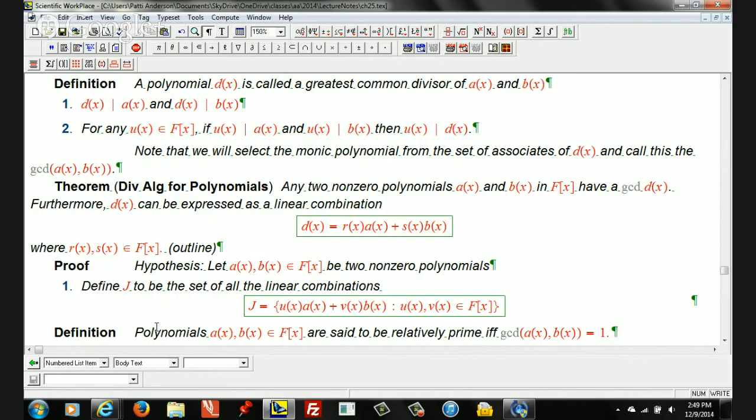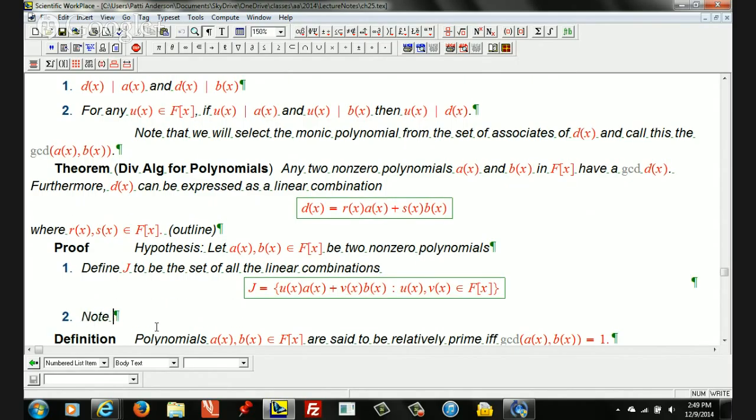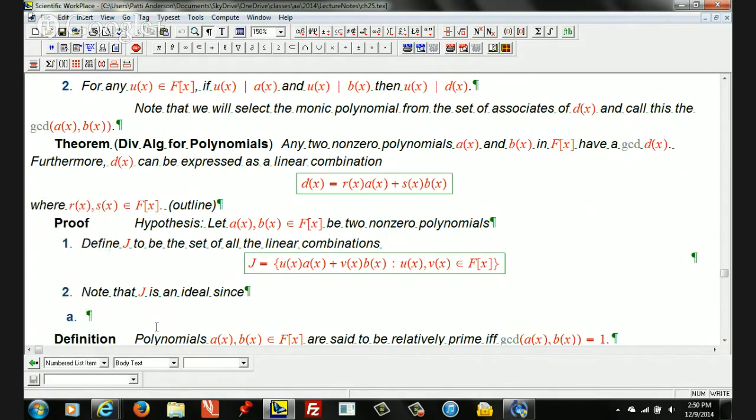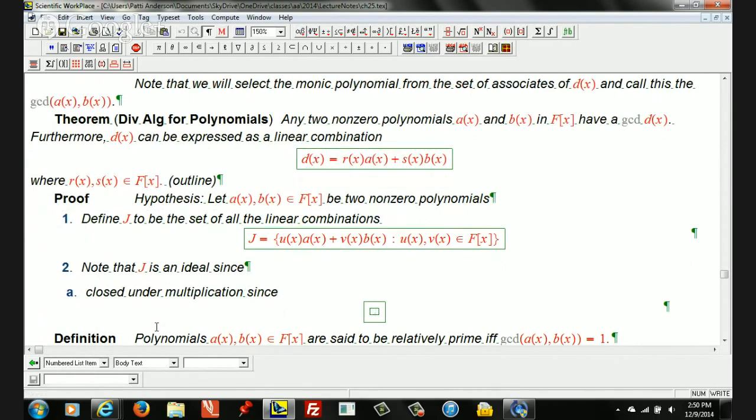Because if you take anything and multiply some other polynomial by it, you can just fold that in with the u and the v, since u and v come from F. So it's closed under multiplication. It absorbs products. Absorbing products is a term we use.